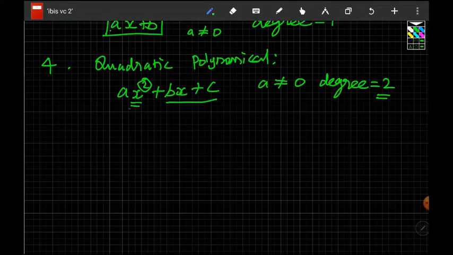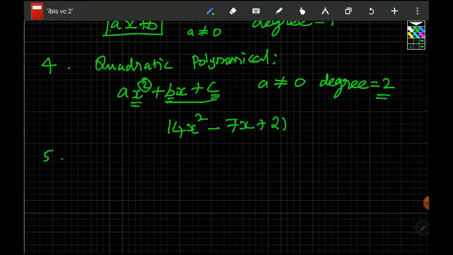You can write something like 14x square minus 7x plus 21. Sometimes the bx term may be absent, and c may be there or not, but a must be there. That's why a is not equal to 0.